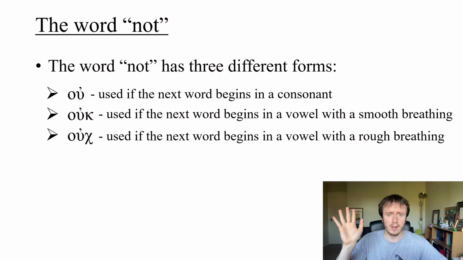And the answer to that is, chi is an aspirated consonant. It is the aspirated version of kappa. That is to say, it is the version of kappa that has more breath behind it. Kappa is an unaspirated k sound, while chi is an aspirated k sound.